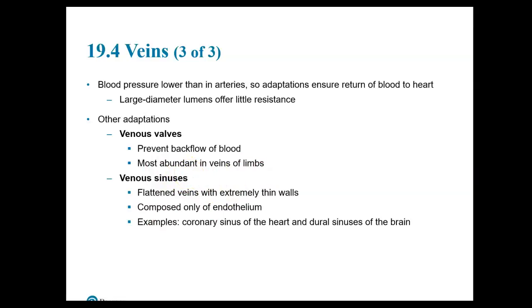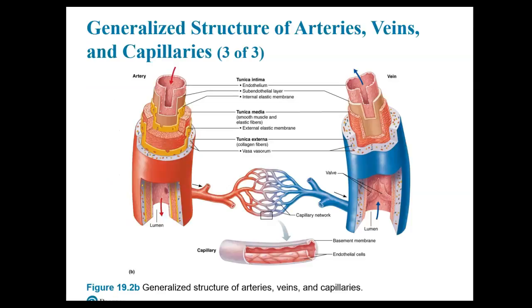And then there are venous sinuses, like the coronary sinus, the area in the heart where all of the blood from the heart muscle itself, from the blood vessels that supply the heart, what we call the coronary arteries and the cardiac veins, drains. The veins drain into the coronary sinus, and that coronary sinus joins with the vena cava and enters the right atrium of the heart.